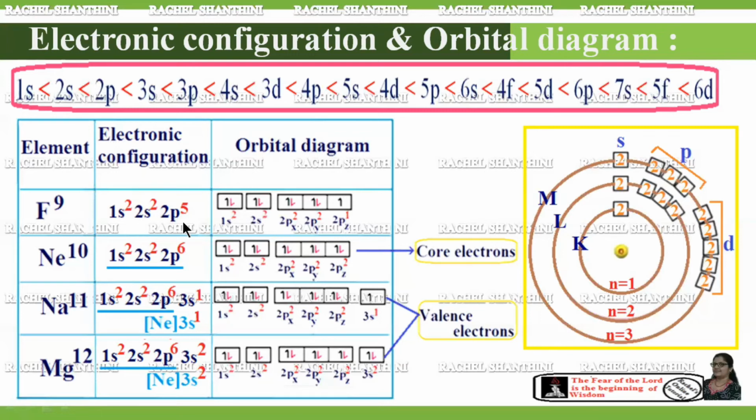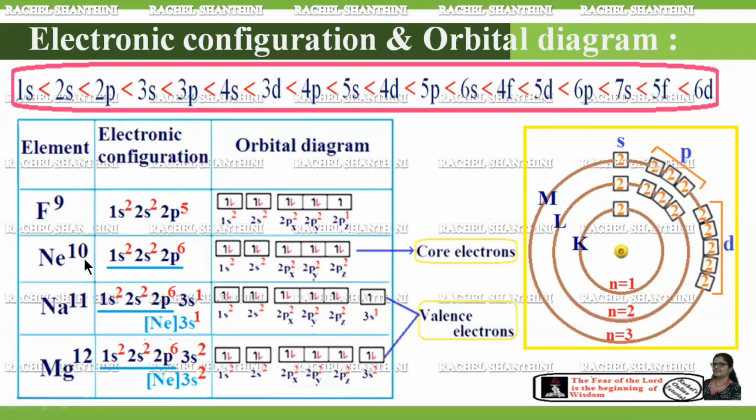Coming to 2p, it follows Hund's rule of maximum multiplicity. So out of these 5, the first three electrons will occupy 2px, 2py, and 2pz respectively. Once it got filled up, then the fourth electron will pair with the electron present in 2px, and the fifth electron will pair with the electron in 2py.